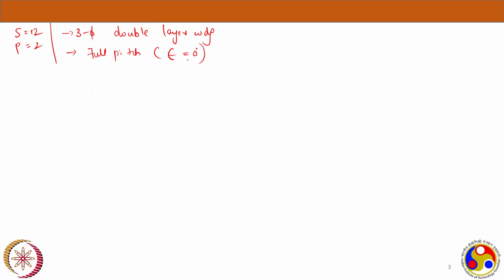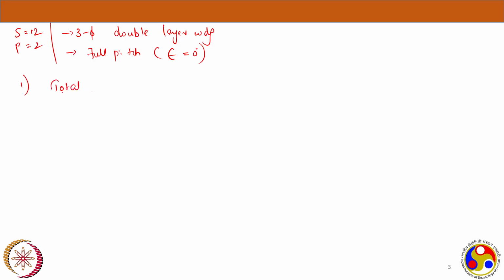It's a 12 slot, two pole machine, and we are taking a three phase double layer winding. Another thing we took is the full pitch coil. Full pitch means epsilon will be 0. There is no short pitch angle. The concept of short pitch is not there.